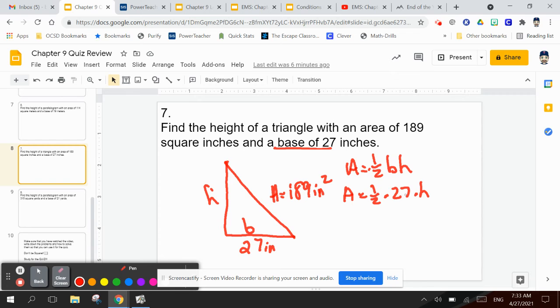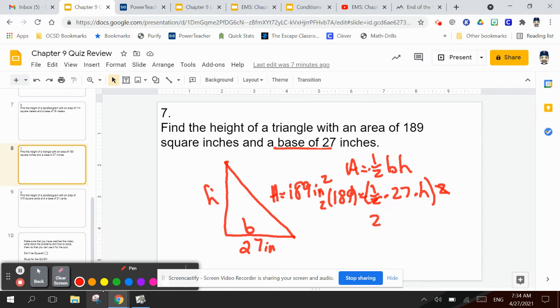So in order to work this through, I'm going to multiply so I can get rid of this fraction. I'm going to multiply this whole thing by 2. And my area is 189, so I'm going to multiply that by 2 as well. So the 2's cancel out.